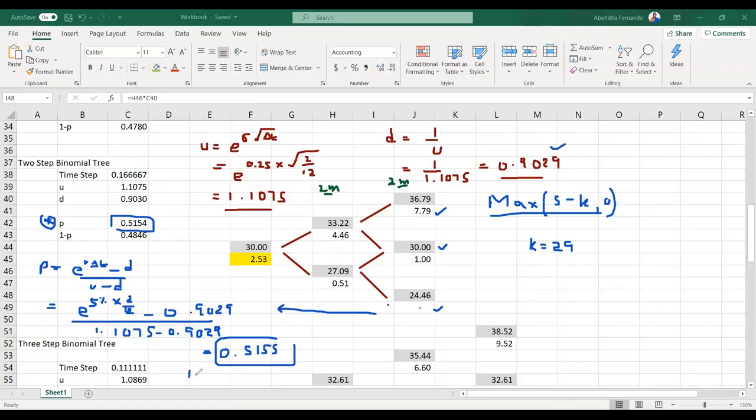So if this is the case, 1 minus P would be 1 minus 0.5155, which would be 0.4846. Either you can use this or you can use these exact values. That's okay.